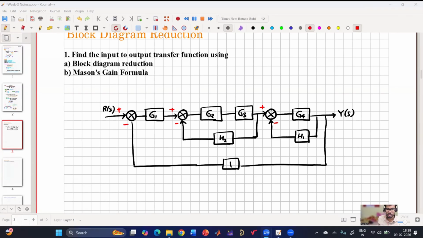Okay, so this is the overall circuit diagram. Sorry, there is G5 also. So G5 is from here.